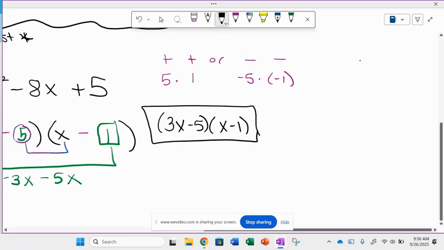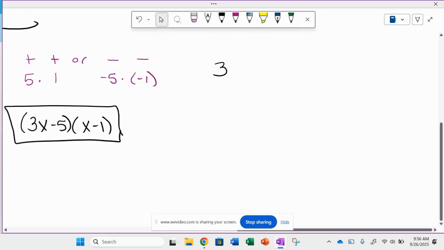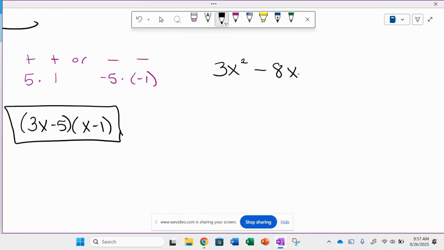I'm going to do the same problem. So the way earmuffs works is you take your first number and your last number, including the sign, and you multiply them.